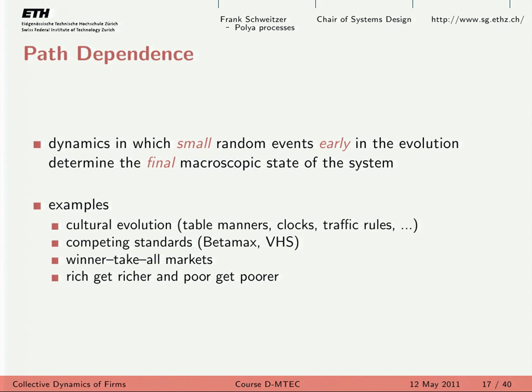You have two competing standards in the market, and then tiny fluctuations in the beginning decide which one will dominate. You would assume the better one, right? So that's natural. That's not true, right? If always the better one would dominate, then the world would look completely different. So that's a very important message, actually.